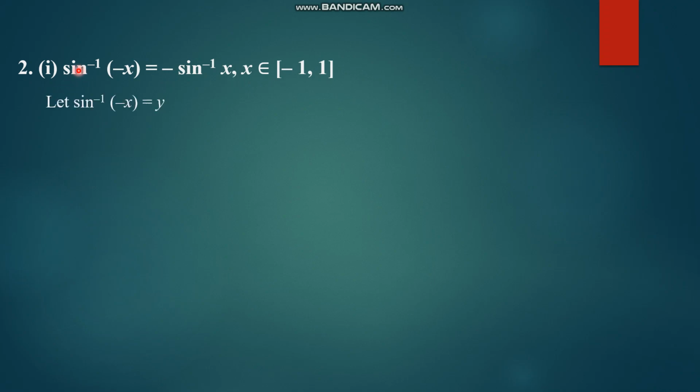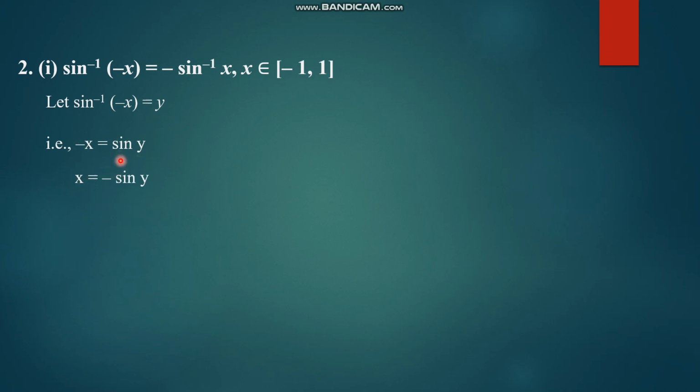Now let's move on to the second set of results, which says sine inverse of minus x is equal to minus sine inverse x. Here we will take the LHS, sine inverse of minus x, as equal to y. When you move sine inverse to the right side, minus x will be sine y.